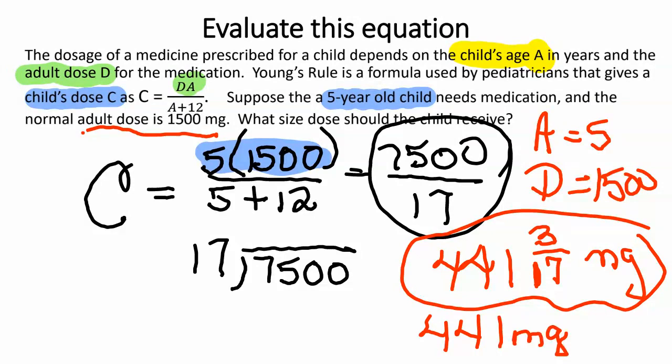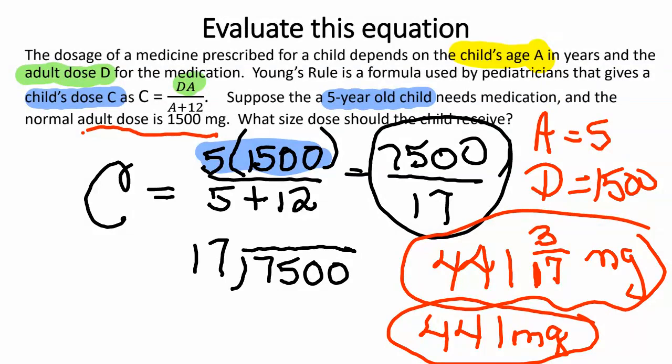Now, you don't want to round up because that might be a little bit too much for the child. It's better to be safe, as the saying goes, than sorry. Rounding to 442 milligrams is a problem because it's giving the child a little bit more than he might not be able to tolerate. So look at the answers in Pearson.